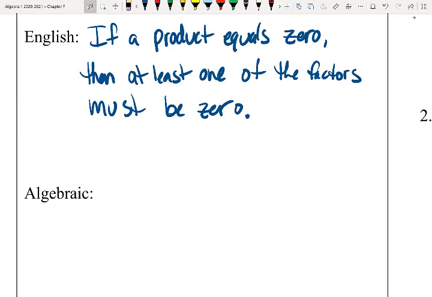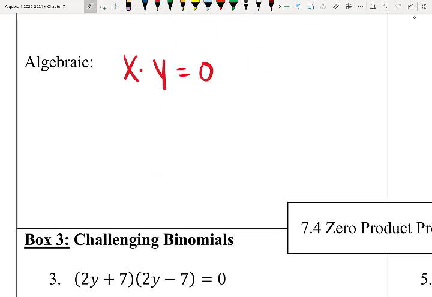What that looks like algebraically: if I have two things that multiply together, let's say x times y, and that equals 0, the only way that can be true is if either x is 0 or y is 0. If I know they multiply together to be 0, one of them or both of them are 0. So the way we'll use this is, if we have two or multiple things that multiply to get 0, we're going to set each of those factors equal to 0.